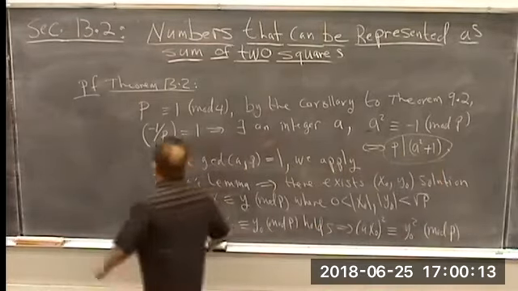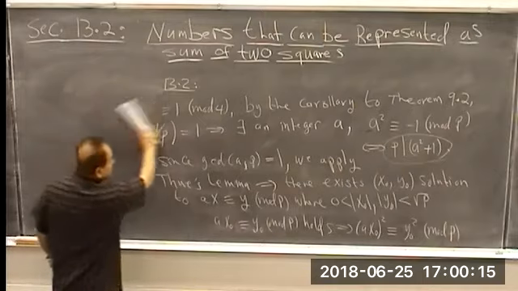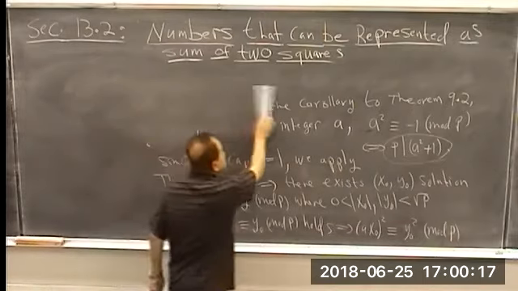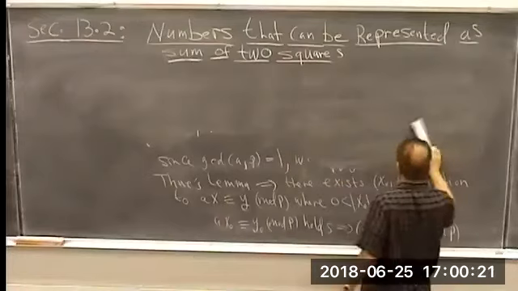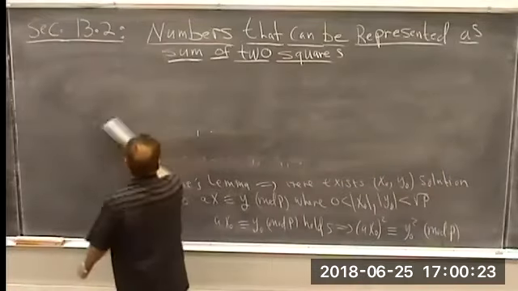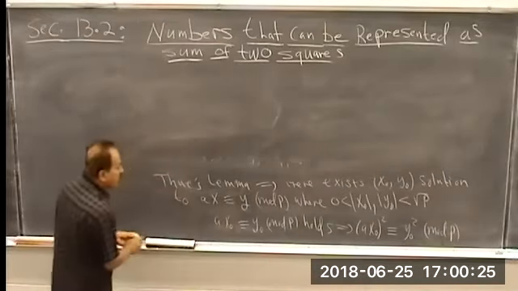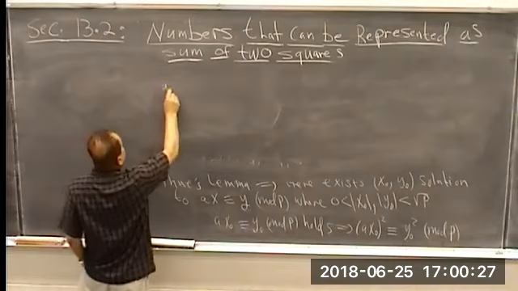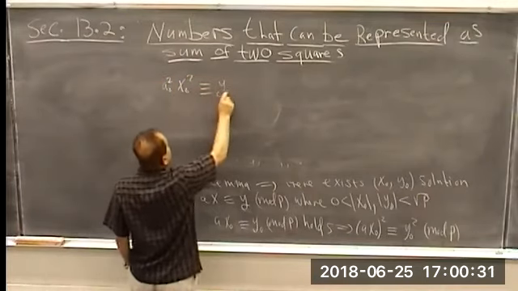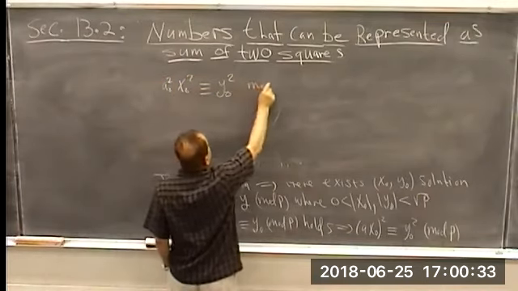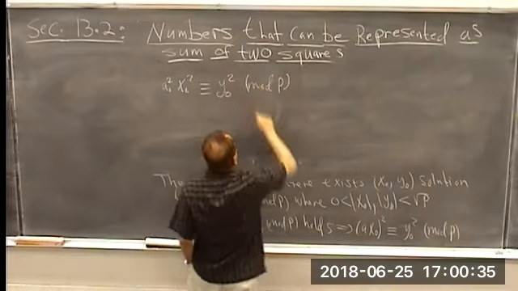And now let's go and substitute for the a. So that implies a squared x sub 0 squared is congruent to y sub 0 squared mod p.